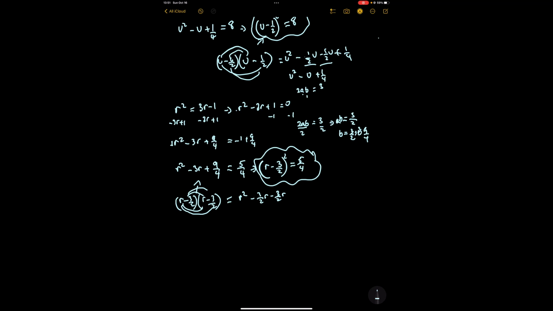And negative 3 halves times negative 3 halves equals positive 9/4. So that would be r squared, negative 3 halves minus 3 halves is equal to negative 3, r plus 9/4. And so we know for sure that this is correct.